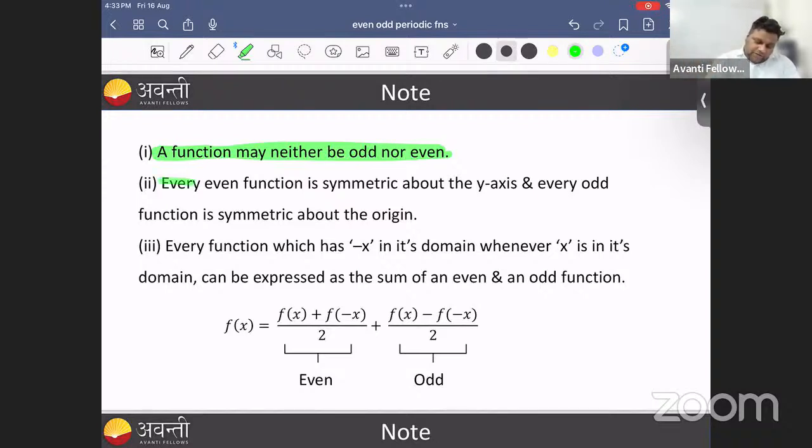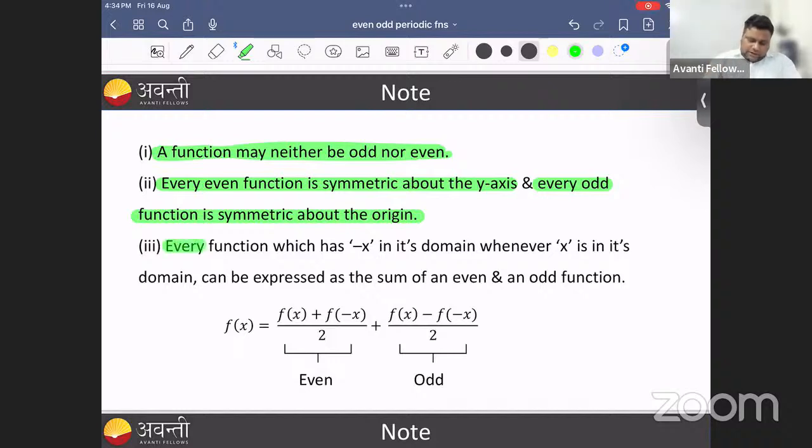Next, every even function is symmetric about the y-axis. Very important point to remember. Every even function is symmetric about the y-axis, and every odd function is symmetric about the origin. All right.